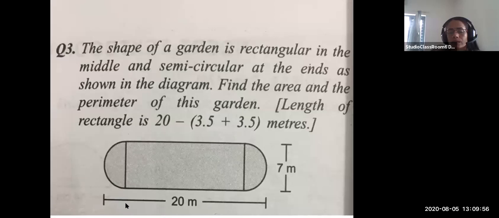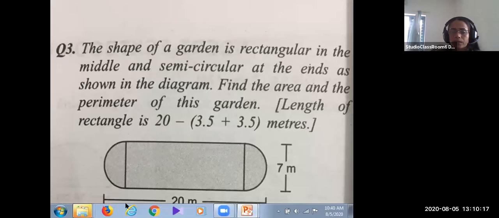Write the question. The shape of a garden is rectangular in the middle and semicircular at the ends, as in the figure.